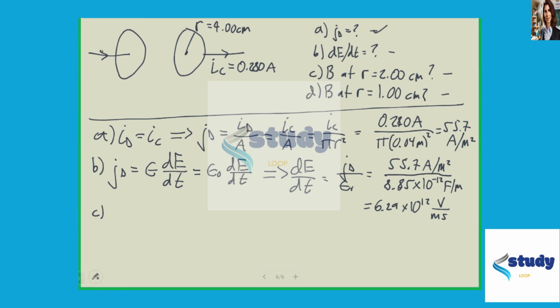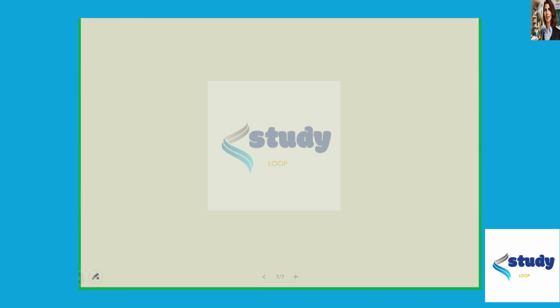Now let's move on to the magnetic field. Finding the magnetic field is a bit trickier, so I'm going to start a new page here. This is sort of a side view of the capacitor, so we're looking kind of down the barrel of it.